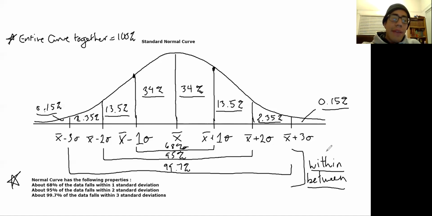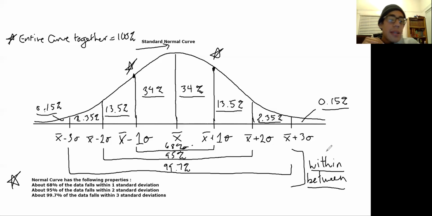Well, if I started here and I go to my right and then I stop here, right? I'm going to count all the percentages that are in between those 2 points, right? So to the right of that first point and then to the left of that point, whatever's in the middle. In that case, if you notice, that's 34% plus 34%. That's where I get this 68%.